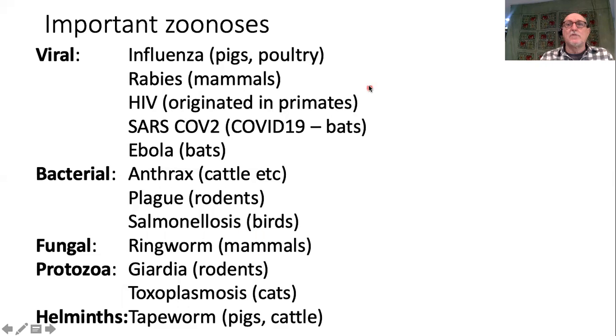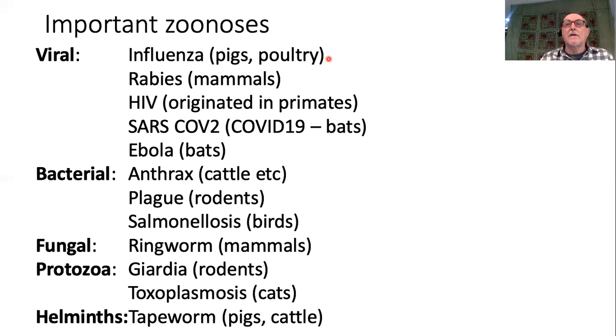By far the most important in human terms is influenza. Influenza has, on a global basis, over all of the millennia, probably killed more human beings than any other disease. Influenza is always potentially an extremely serious disease.